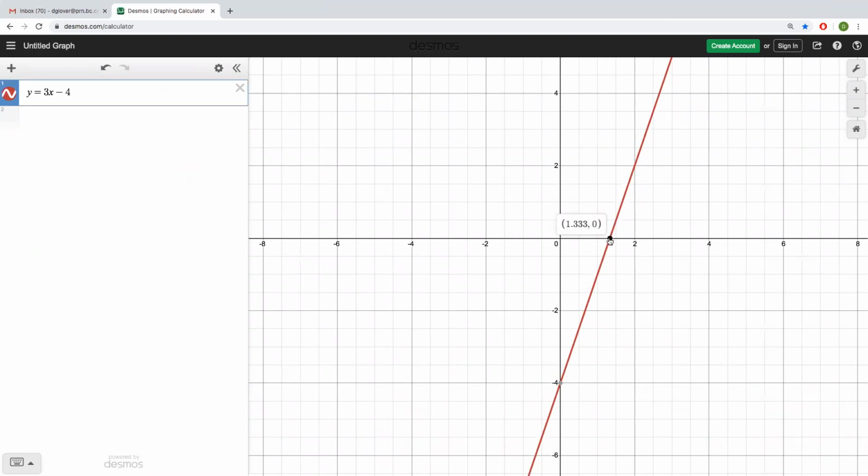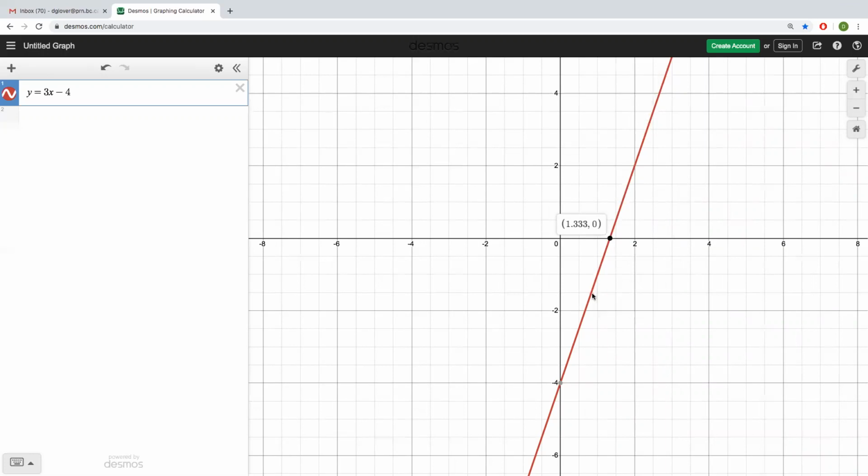It's right here. Everything to the right of this point, so if I trace up the graph, all of these values will give us a y value that's greater than 0. So anything above this line works for us. This is the first point where we're equal to 0, and anything to the left of this, anything below this point, we have y values lower than 0.